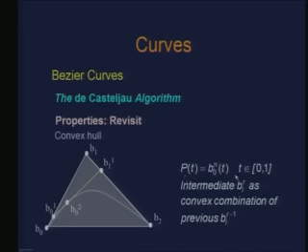And if I observe that each of these intermediate points which I obtain after applying the linear interpolation is nothing but a convex combination of the previous points of the level r minus 1, convex combination meaning because I am just using linear interpolation, 1 minus t and t, right.